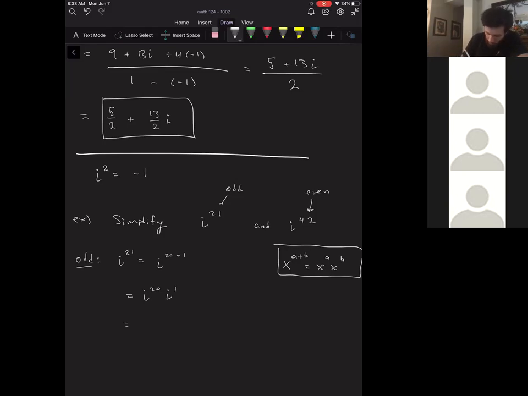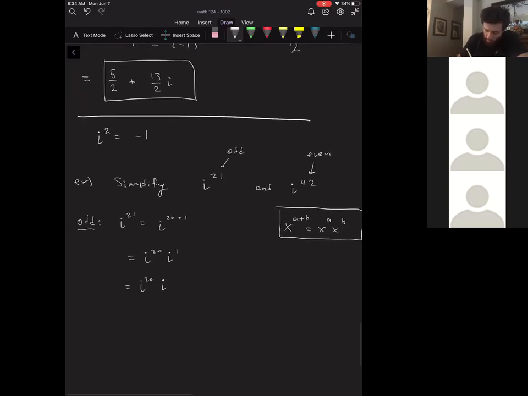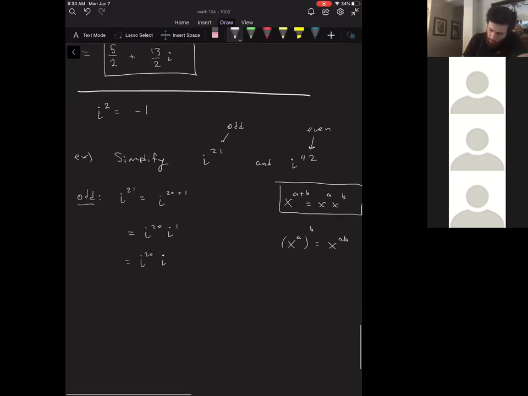But i to the 1 doesn't mean anything. That's just going to be i. So we have i to the 20 times i. So now we just broke this problem into i to the 20 times i. Now there's another exponent rule we want to use, that if we have x to the a to the b, this is going to be x to the a times b. So we know we can write 20 as 2 times 10.